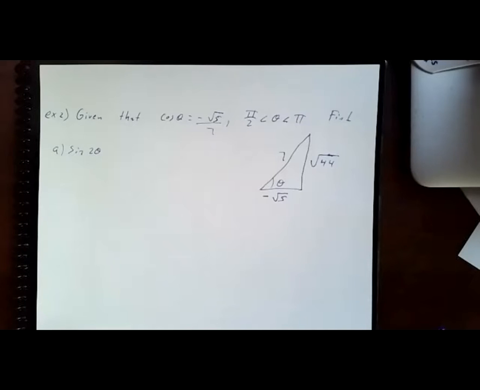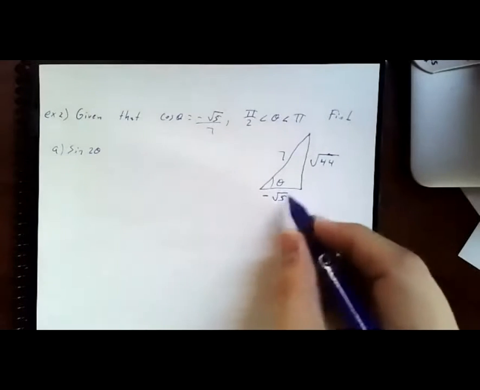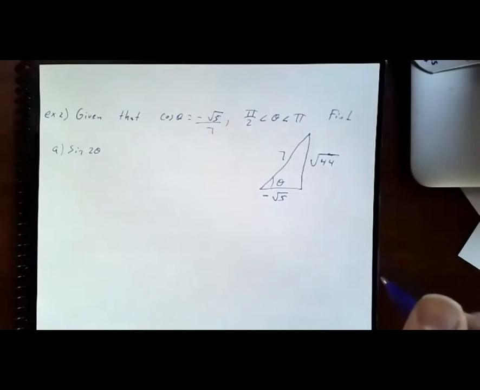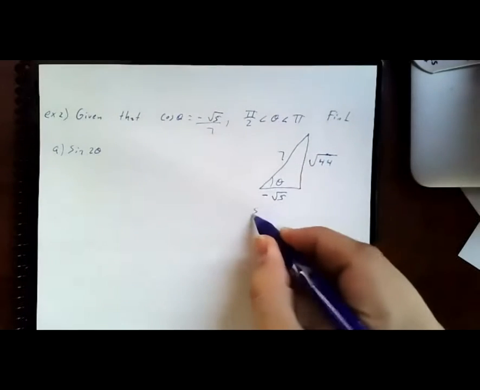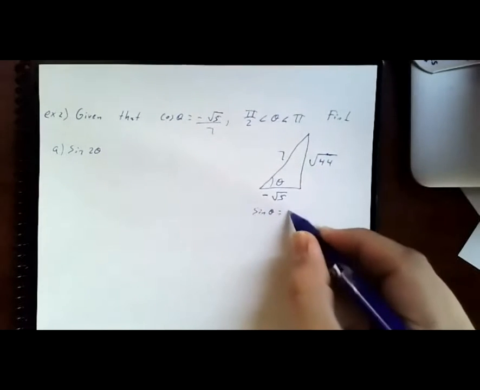And 44 came from the Pythagorean theorem, so you'd have to solve for it. So once you have those, you can define sine, right?